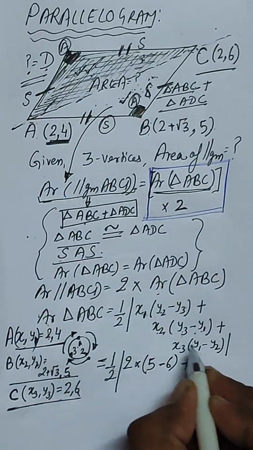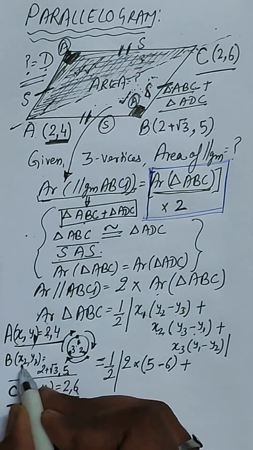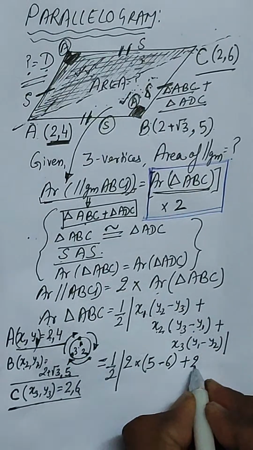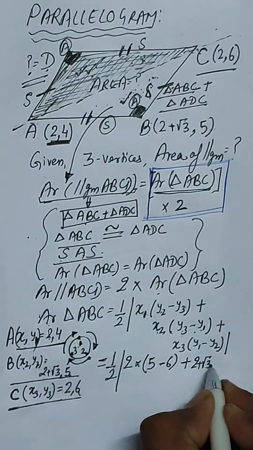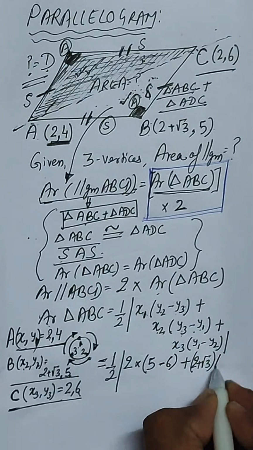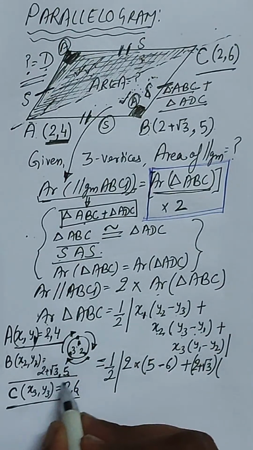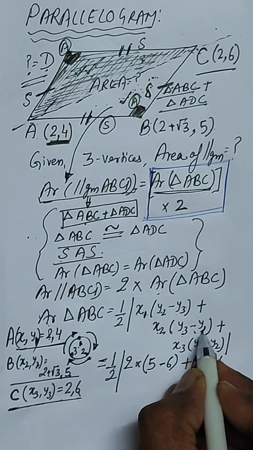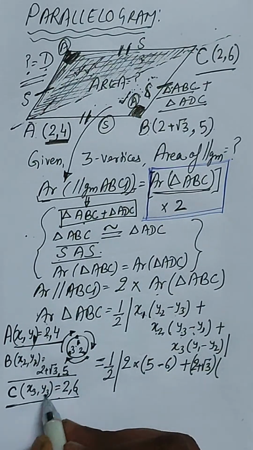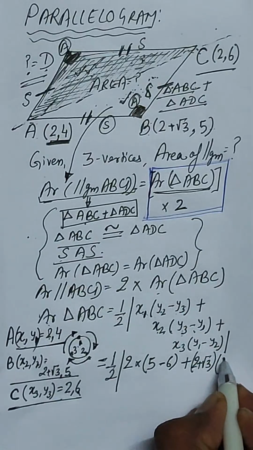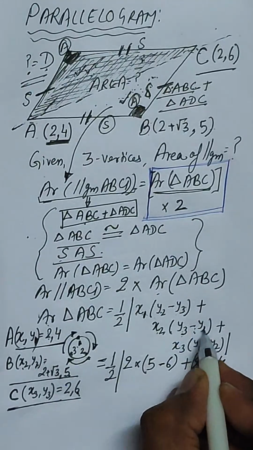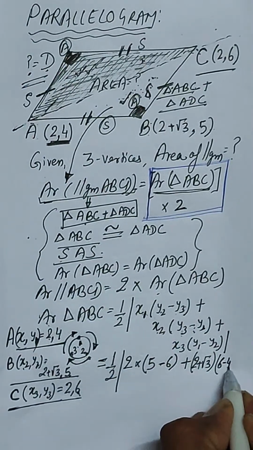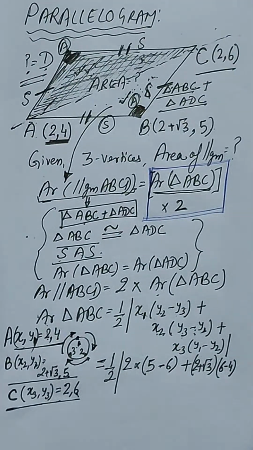Again plus x2, which is 2 plus root 3, multiplied with y3 minus y1: y3 is 6 and y1 is 4, so 6 minus 4.